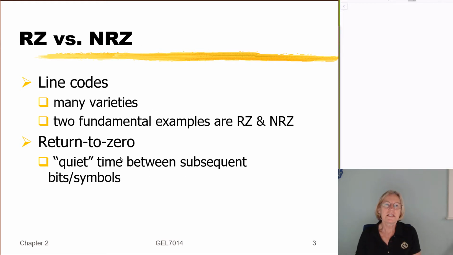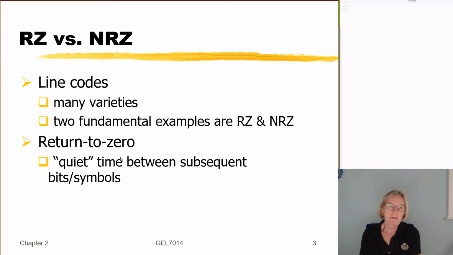Now to this discussion, we're going to be talking about line codes, and in particular, I want to draw your attention to two fundamental choices, RZ and NRZ. We'll be looking at line codes, many varieties. I'll point out the differences and motivate why there are so many varieties. But the real point of this discussion is to bring your attention to these two, RZ and NRZ.